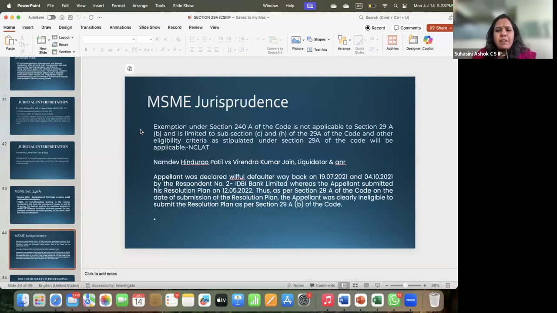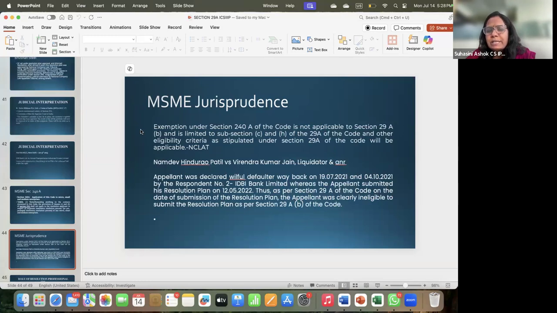So here, in one case, Namdev Hindu Rao Patil versus Virendra Kumar Jain, the appellant was declared a willful defaulter in July 2021 and October 2021 by IDBI Bank, whereas the appellant submitted a resolution plan in 2022.